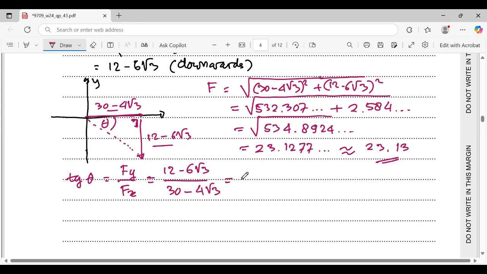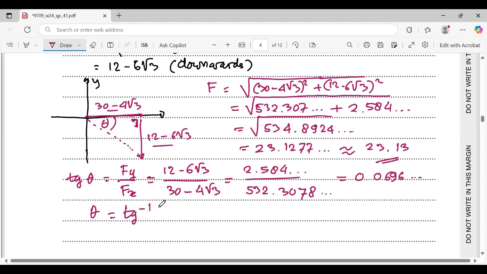Or this number, 2.584 divided by 532.3078. And the result is 0.0696.